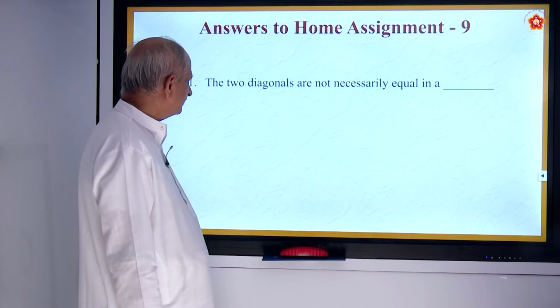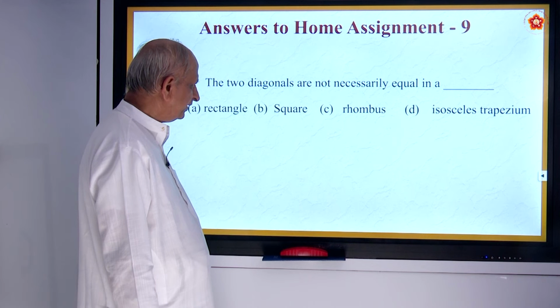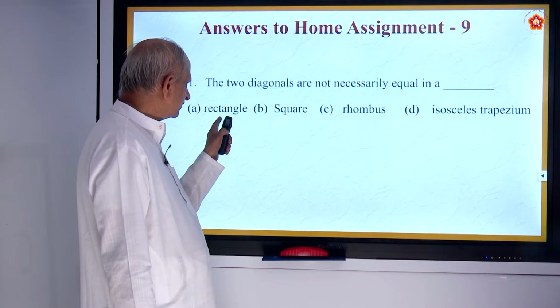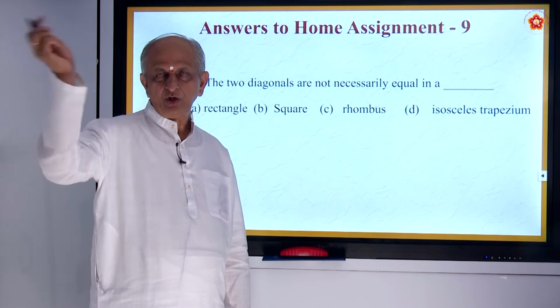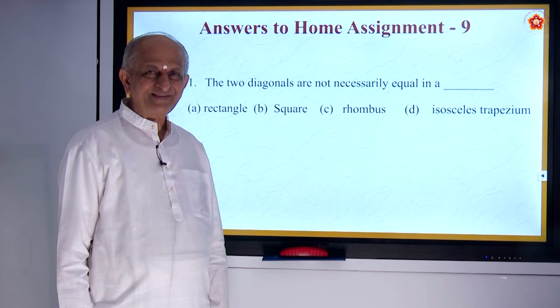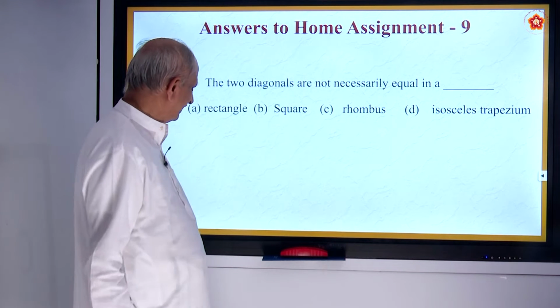Now we will see some home assignment. The first question was, the 2 diagonals are not necessarily equal in all these. What is the diagonal? Diagonal is a line segment joining the opposite vertices. How many diagonals will be there in a quadrilateral? Correct? 2 will be there.